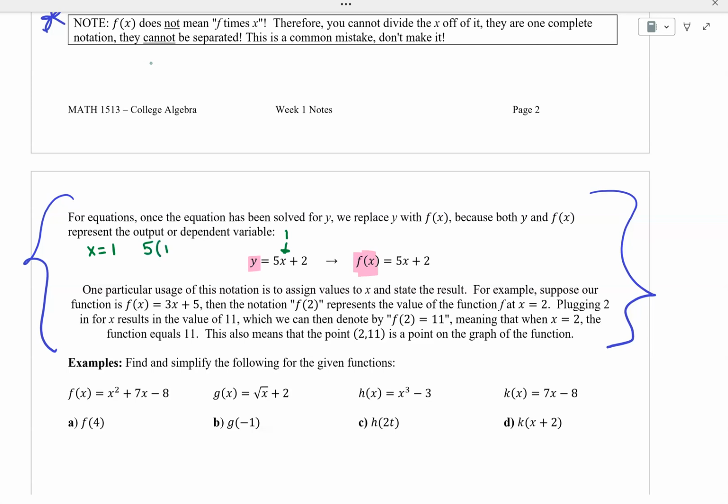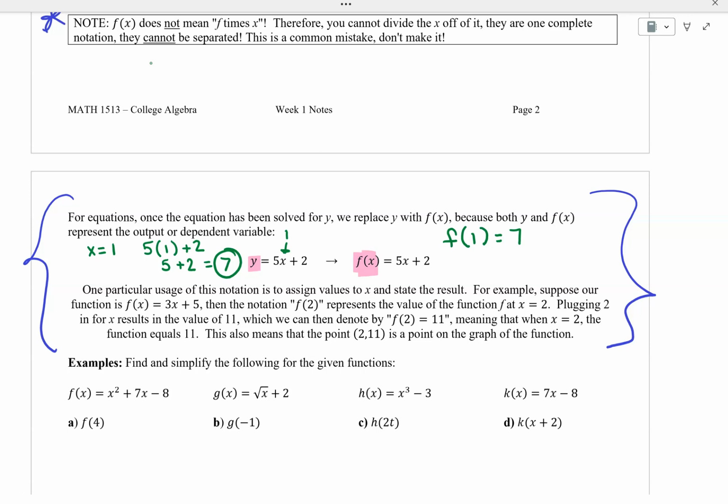So 5 times 1 plus 2. 5 times 1 is 5. 5 plus 2 equals 7. Okay, that's fine and dandy. But what f of x does is I can write it as f of 1 equals 7.